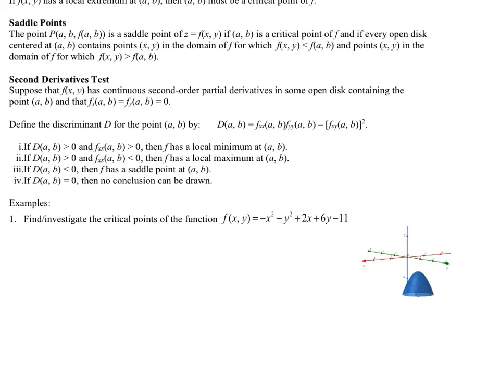All right, so if it's on the XY plane or a plane that's parallel to the XY plane, then it's gotta be a horizontal plane. All right, because if the Z axis is going straight up and down, then a horizontal plane is what we'd be looking for in order to identify extreme values. All right, so that's what this is really telling us. The discriminant is the thing that seems to come out of nowhere, all right? But it does have kind of a Pythagorean look to it, all right?